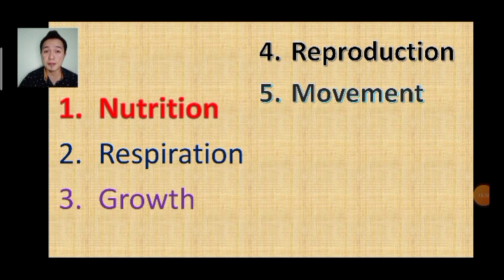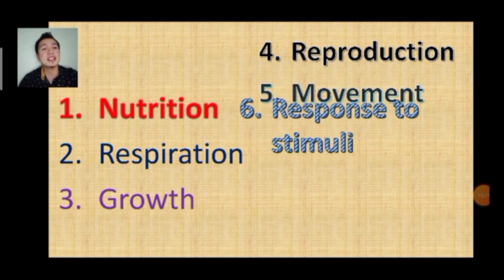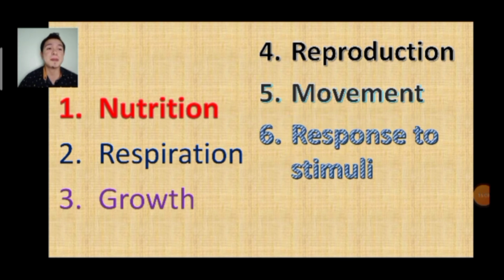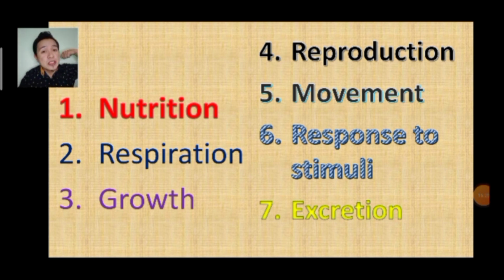Animals can jump, can run, can fly. That is movement. That's a living thing. And number 6, responds to stimuli or stimulus, or the changes of our surroundings. Next, number 7, living things excrete waste, in other words, excretion. Including ourselves, because we go to the toilet to excrete something.